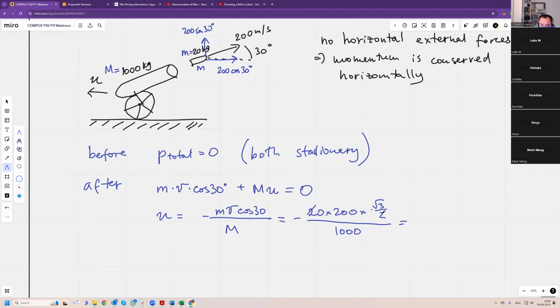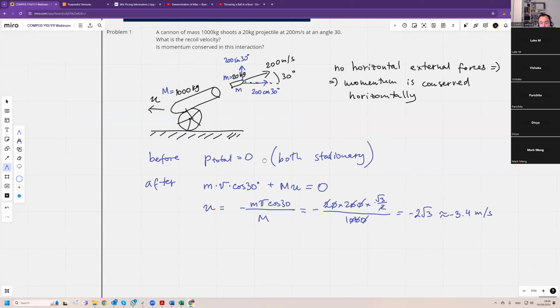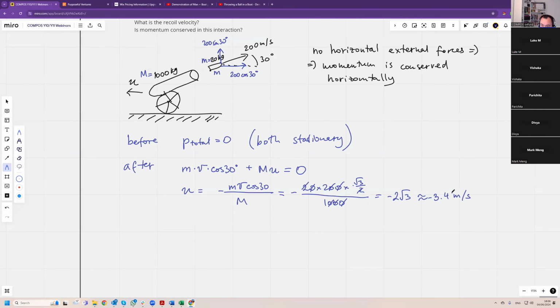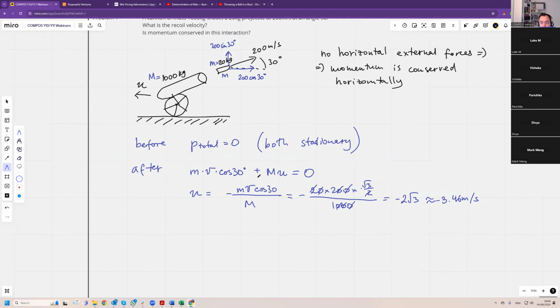And that is 2 root 3, which is approximately 3.4 meters per second, minus 3.4. The negative means it's backwards. 3.46 technically, 3.46 meters per second. Right, so that's the recoil velocity, 3.46 meters per second.